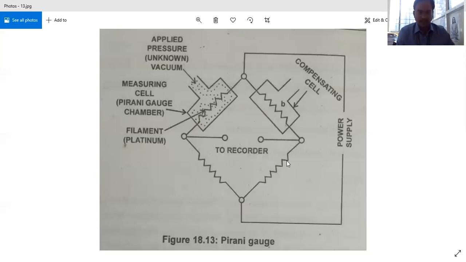When we give the power supply, this equipment will work based on it. That's why it is an inactive type of gauge. And this is how the Pirani gauge works on the basic principle of thermal conductivity of the material.